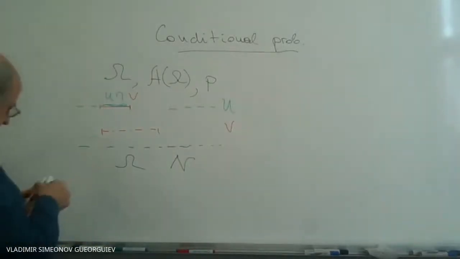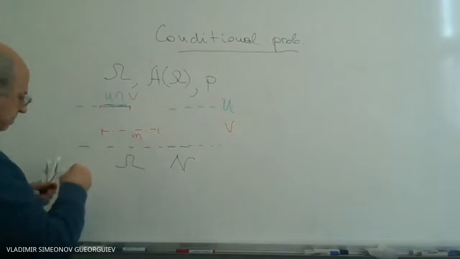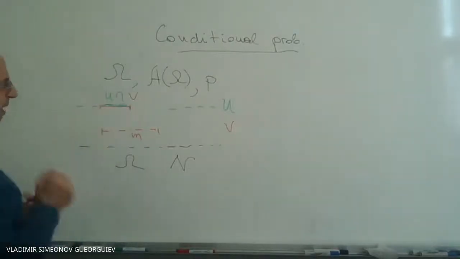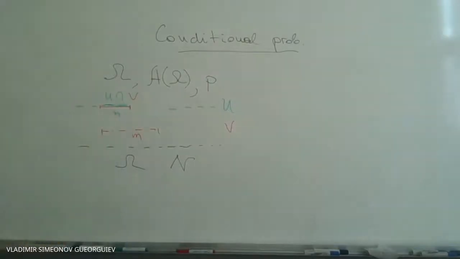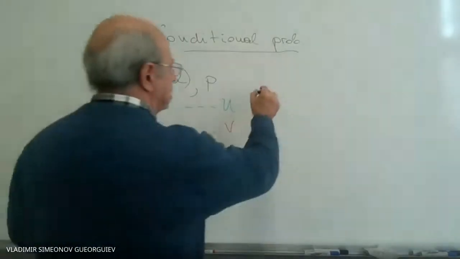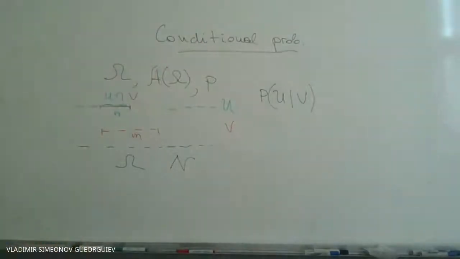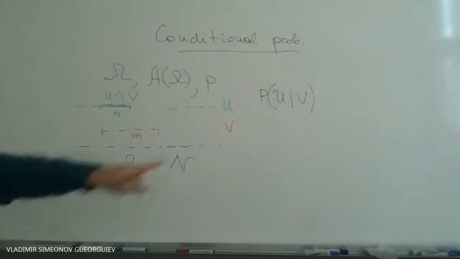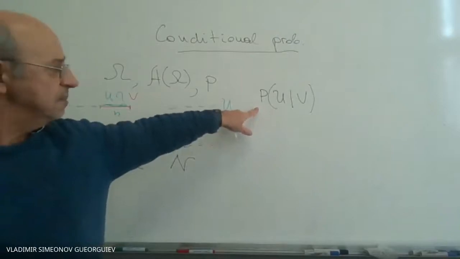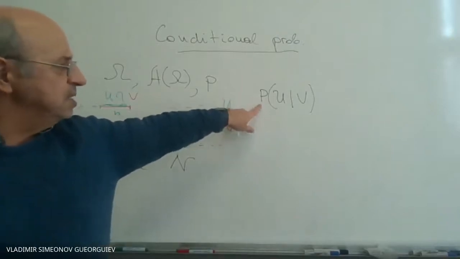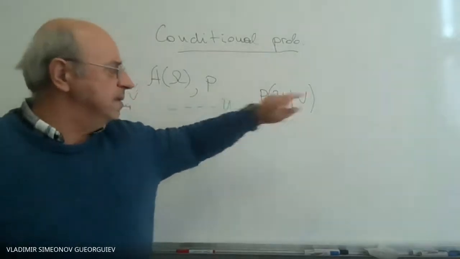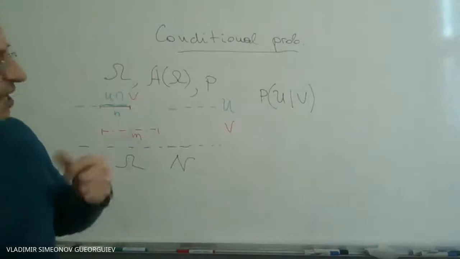Let us suppose that the green one is with M elements, and the part of the intersection between U and V is formed by n elements. It is clear that to define the probability of U when the event V happens, we call this, in mathematical symbols, the probability of the event U when we have the condition that V happens.